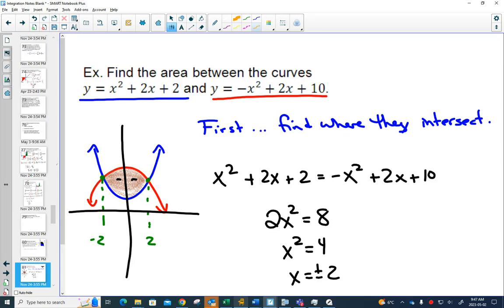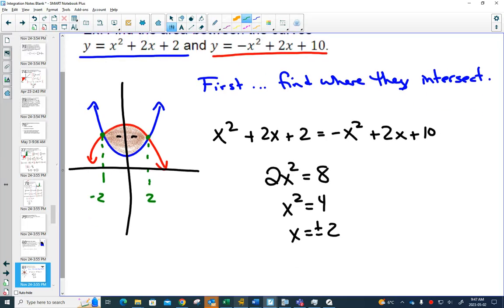It's not necessary for this question. All that's necessary is that I know that it goes from -2 to 2. And the sketch is important to know which is the function that's on top and which is the function on bottom, because we are going to do the red function minus the blue function.